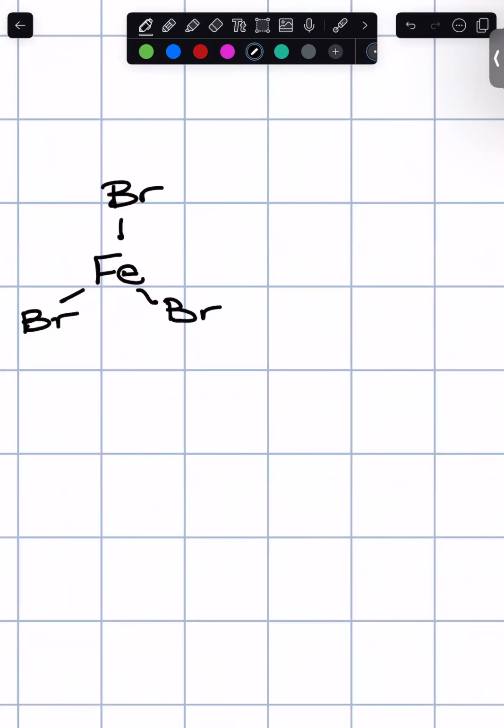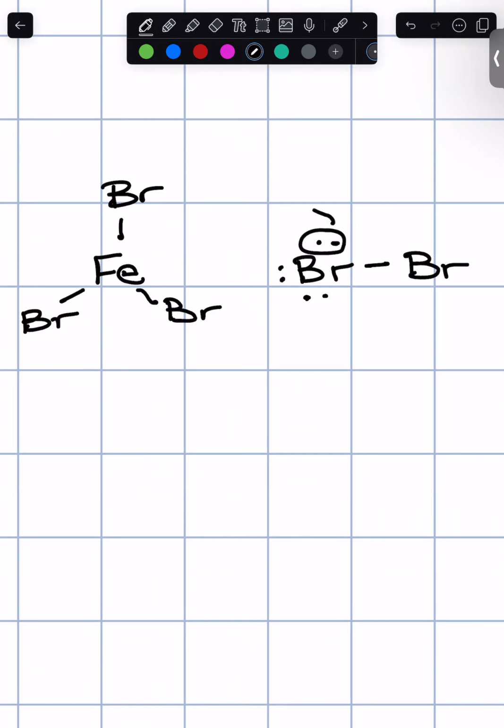And that's exactly what it does. If you combine it with a Lewis base, and the example I'm going to use here is Br2, Br2 has a lot of free lone pairs. This can't accept any more electrons, but it can donate them.